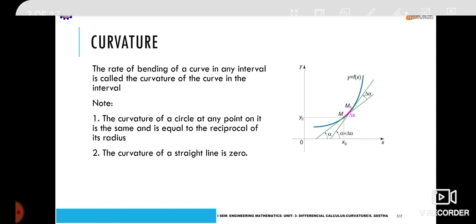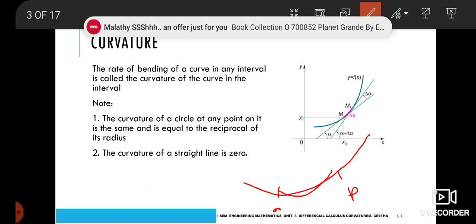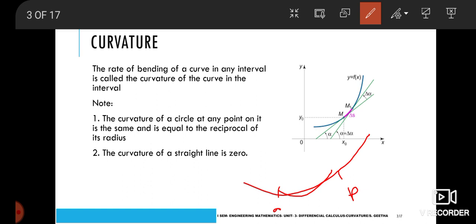If you are having any curve like this, so this is the curve, from this interval, suppose this is a and this is b, this bending is called curvature. That is why I said the rate of bending of a curve in any interval is called the curvature of the curve in the interval.